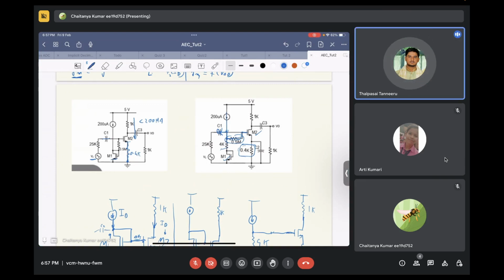So in order to provide degeneration, you have reduced the current in transistor M2, but you don't want that.